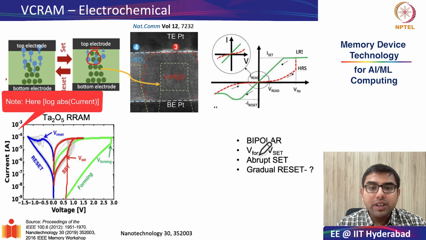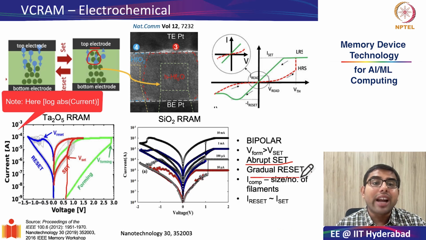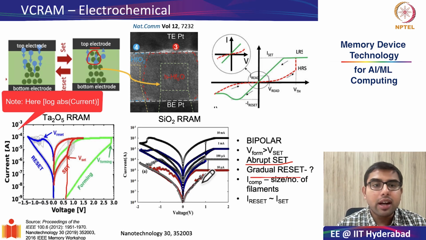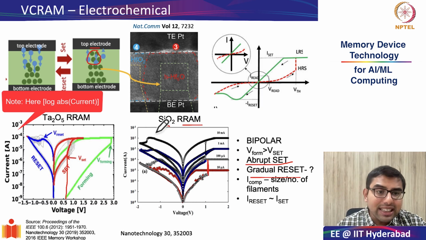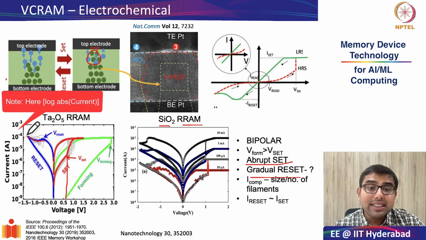The other thing that we see is that although the set process is abrupt, the reset process is gradual, and this will become more evident in another example of a SiO2 RRAM device. As you see, your set cycle is absolutely abrupt, while your reset cycle changes very gradually. Why is this the case?